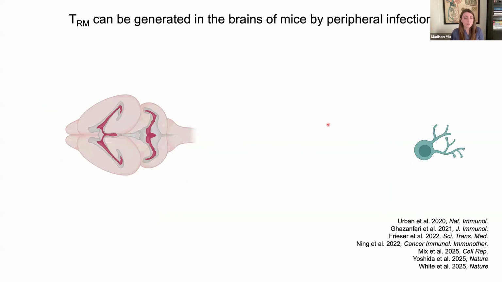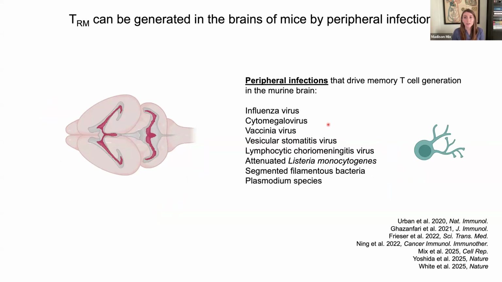Bringing this back to mice, what we also know in thinking about generating T cells in the brain, such as those that are TRM, is that peripheral infections can drive this memory T cell generation, including viral infections, bacterial infections, including segmented filamentous bacteria that Tomomi mentioned earlier, as well as parasitic species.